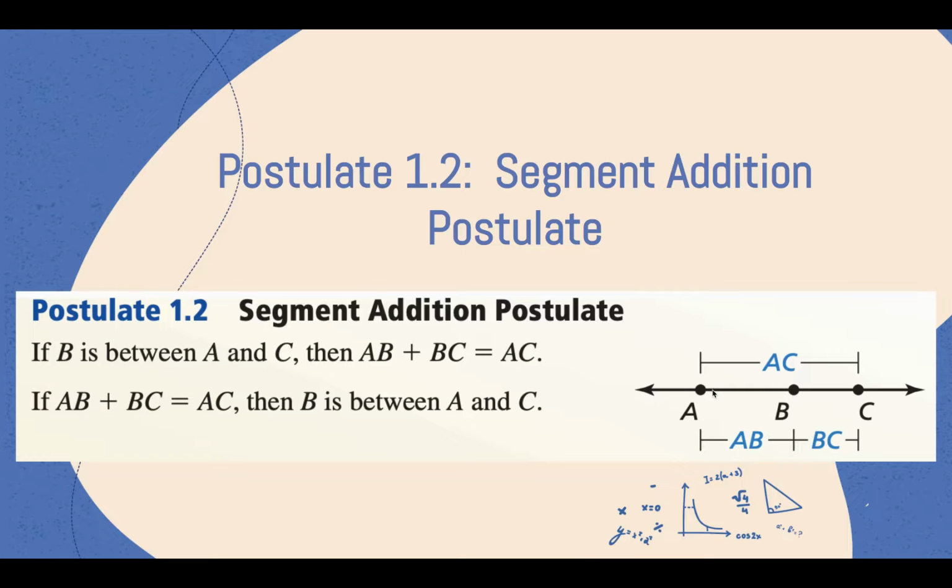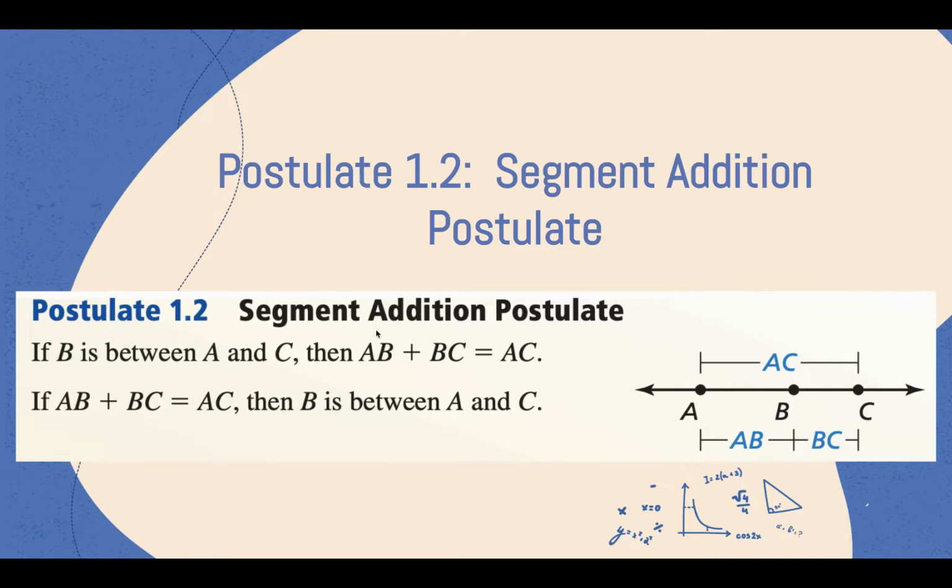Point B is between A and C. So we can see that this length AC is comprised of this length AB and this length BC. So this postulate simply tells us that if B is between A and C, then AB plus BC equals AC.